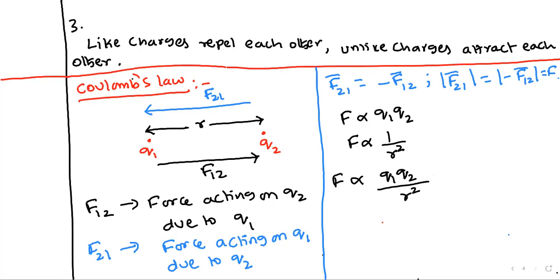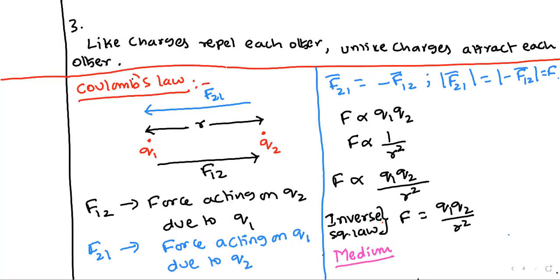Before Coulomb's law, we had the inverse square law, which says that F is equal to Q1 Q2 by R square. Later Coulomb came and explained that if the system, whatever charged particles are there, is placed in a medium, then the force will be different.